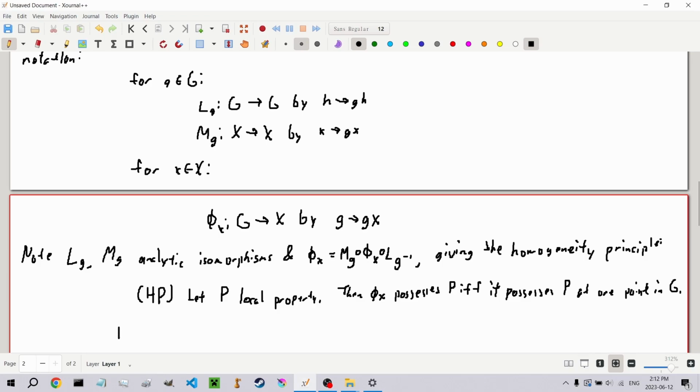And also we're going to fix x naught in X. Let H be the set of elements h in G such that they stabilize x naught in X, the stabilizer of x naught.